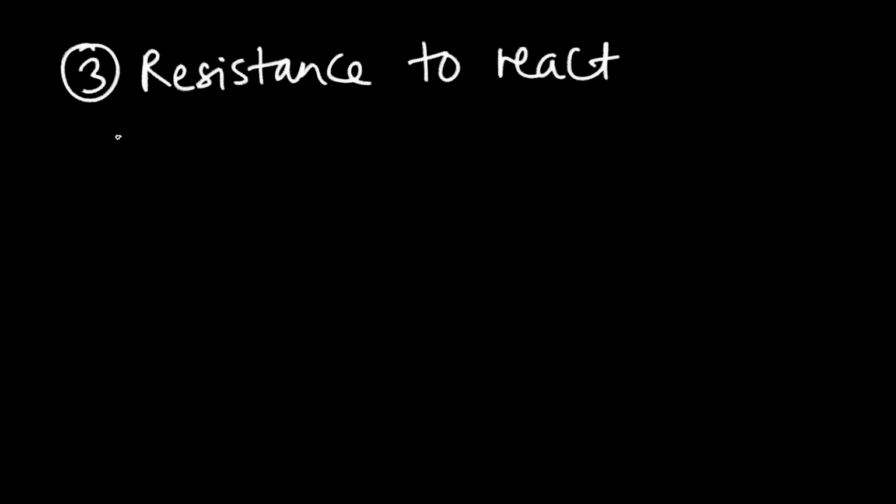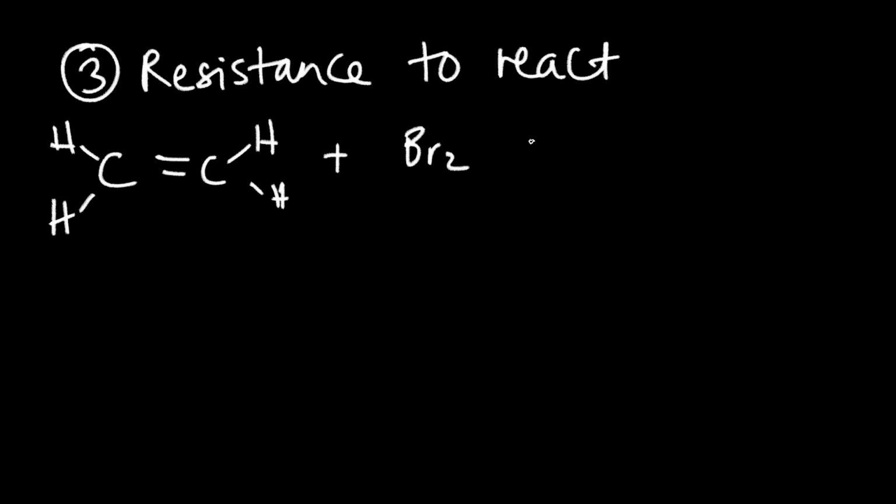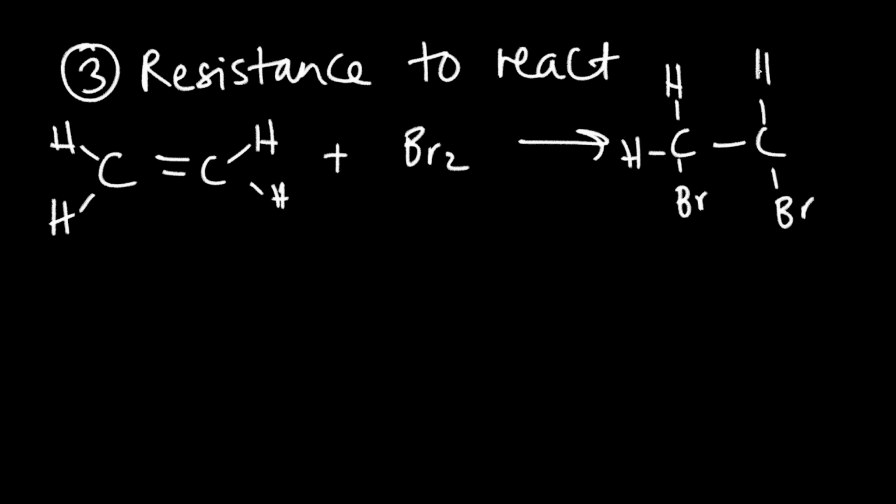The third and final piece of evidence we can look at is benzene's resistance to react. So you'll probably have come across the idea that you can take an alkene and react it with bromine, where the double bond breaks open and you end up with this product, with the bromine adding across the double bond. And this is a common test for an alkene.